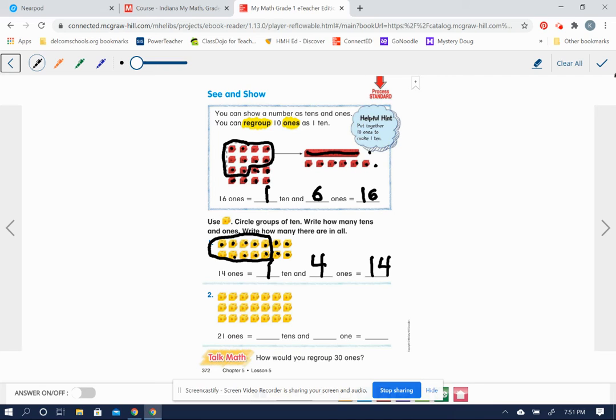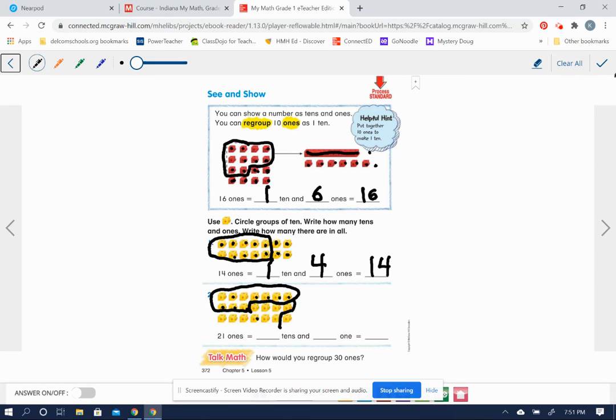Okay, let's group 10. 1, 2, 3, 4, 5, 6, 7, 8, 9, 10. Okay, do we have enough to make another 10? Let's see. 1, 2, 3, 4, 5, 6, 7, 8, 9, 10.